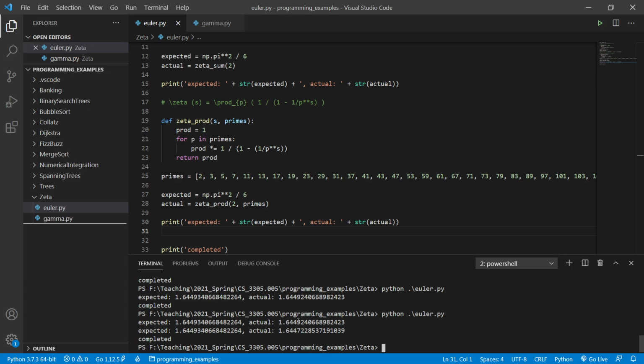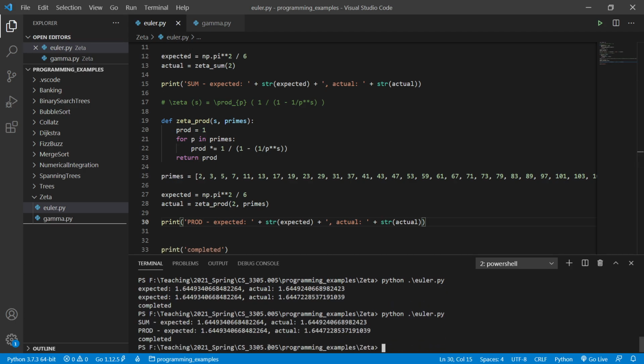So the sum, let's prefix this. So you can see the sum got one significant digit further than the product.